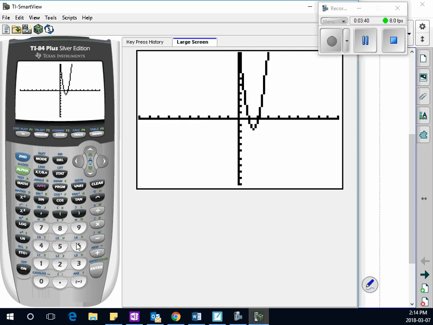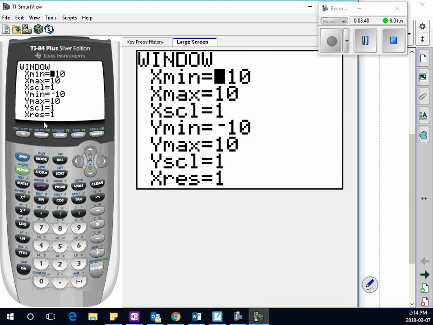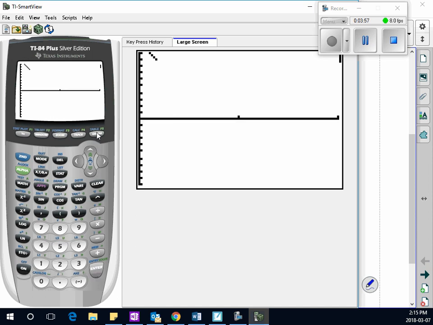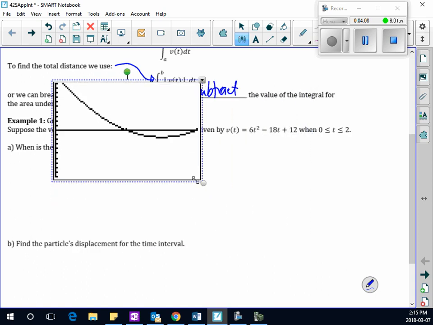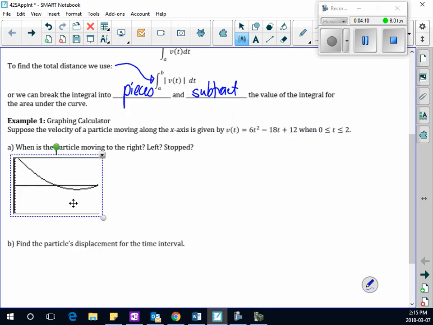We need to see between 0 and 2. Does everybody understand? Because it's going from 0 to 2. So if I go to window and I change my min and max for x from 0 to 2, we can see it a lot better. Yeah? Okay, so I'll put this on here. And that's what it looks like.